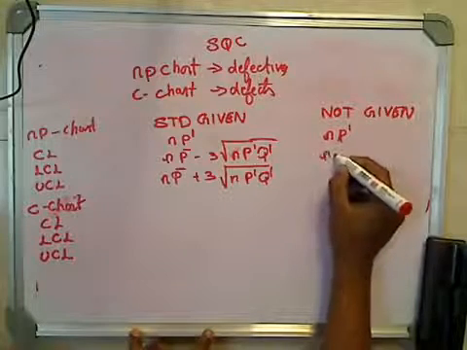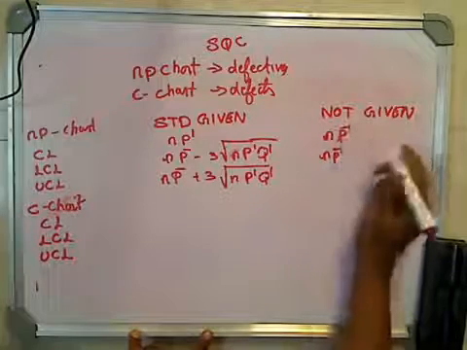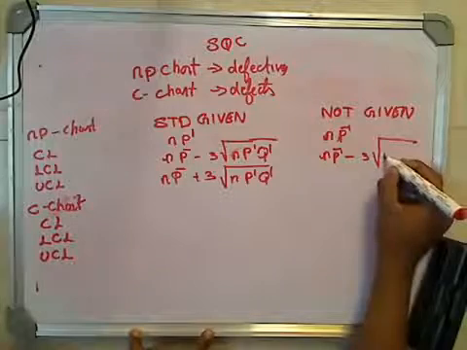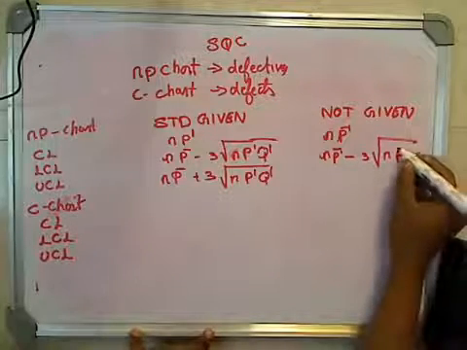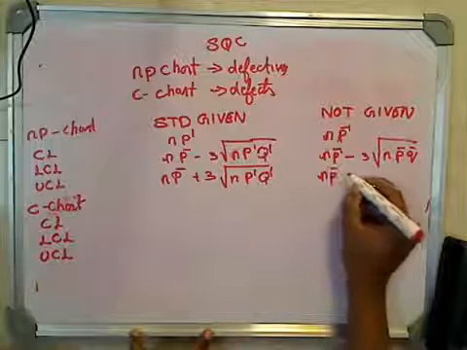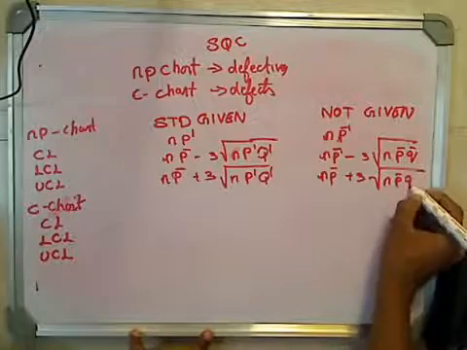Okay, the similar thing you need to do here. P minus 3 square root of NPQ, and P plus 3 square root of NPQ.